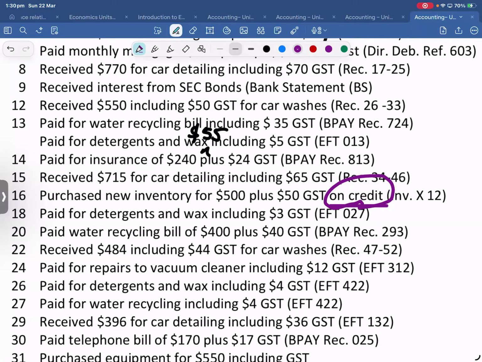Credit transaction means we get the goods right now, we make the payment later. So the point where we figure out whether it's a cash or credit transaction is if the seller receives money. With the credit card, do you think the seller receives money at that point?